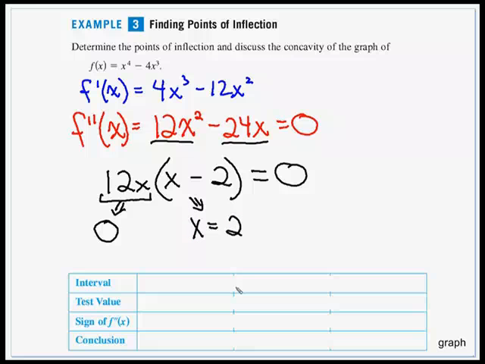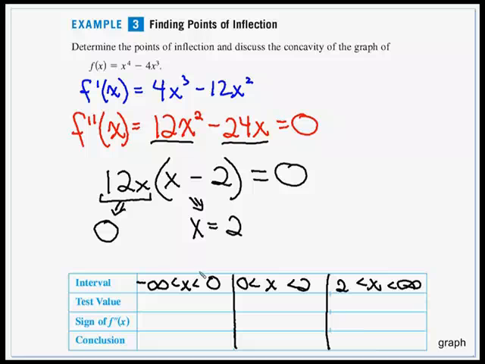So this is going to chop up our intervals. There's no specified left and right endpoint, so we are going to go from negative infinity to our first critical number 0, and then from 0 to 2, and finally from 2 to infinity. Now we're going to pick a test value and plug it into our second derivative, a lot like the first derivative test. So between negative infinity and 0 will be negative 1.